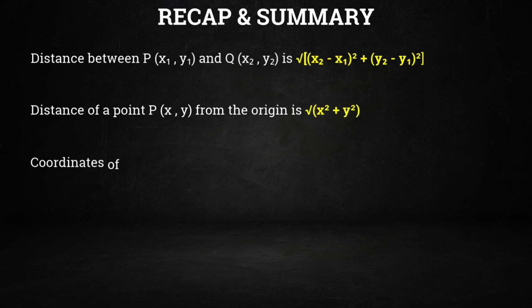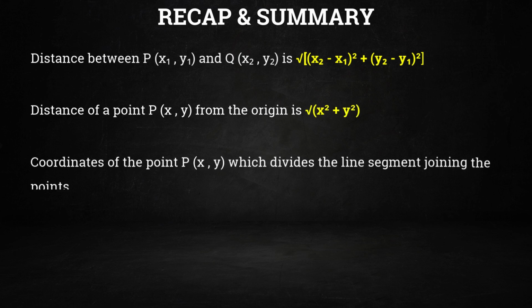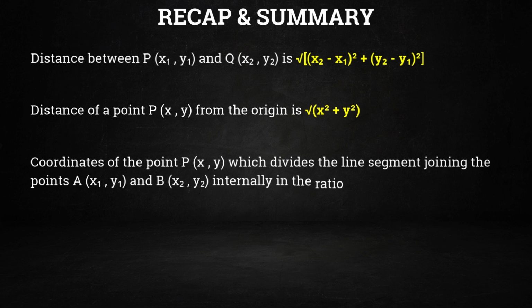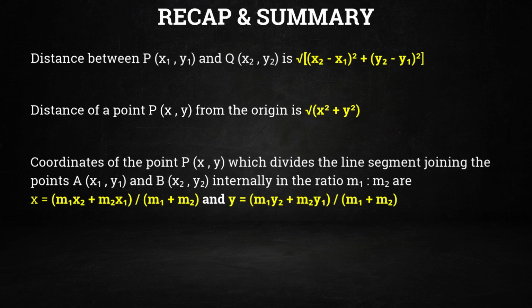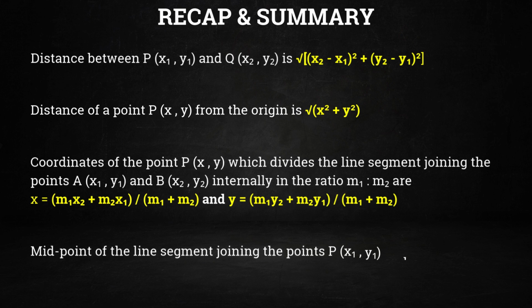To find a point that divides a line segment internally in the ratio m1:m2, we use x is equal to m1 into x2 plus m2 into x1 divided by m1 plus m2. Y is equal to m1 into y2 plus m2 into y1 divided by m1 plus m2. When the ratio is 1:1, this becomes the midpoint formula.